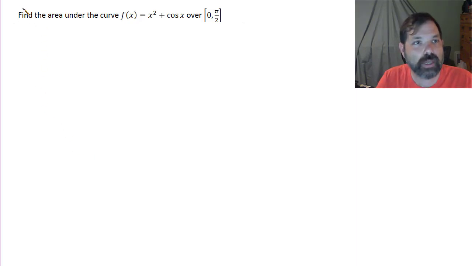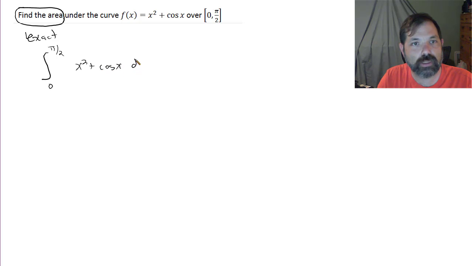So here we're assuming exact. If we want to find the exact area, then that would be the integral from 0 to pi over 2 of x squared plus cosine x dx. To find an area means evaluate an integral, right? If we're finding an area under a curve over an interval, that's an integral.